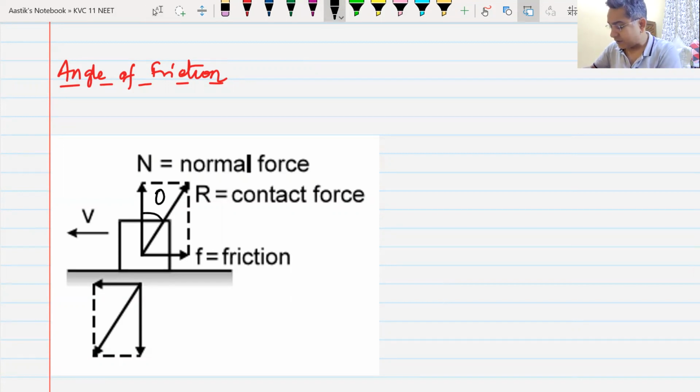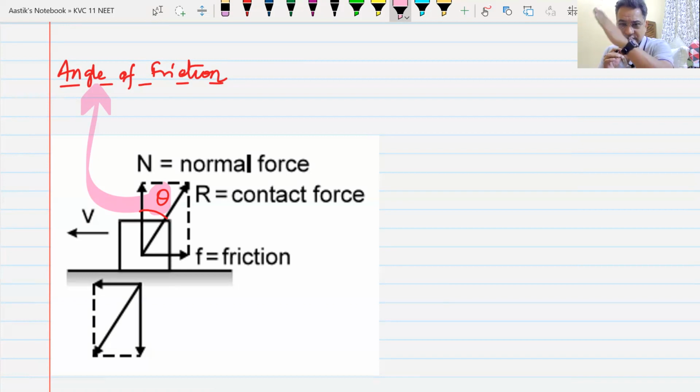The angle between the contact force and the normal reaction force R, this angle theta, is known as your angle of friction. So angle of friction is the angle which the contact force makes with the normal reaction force.